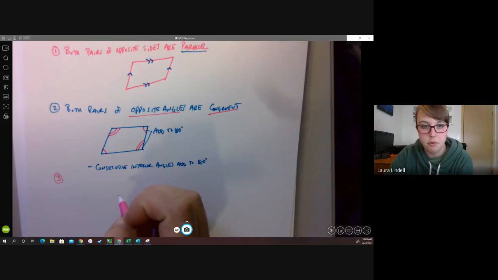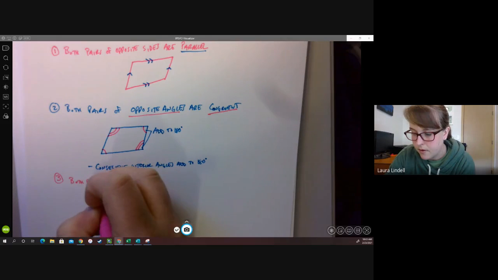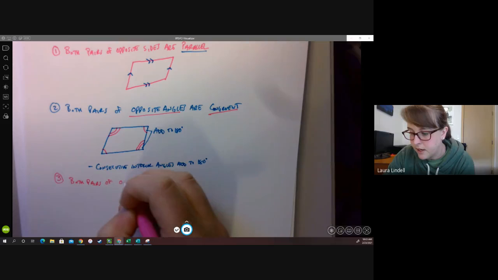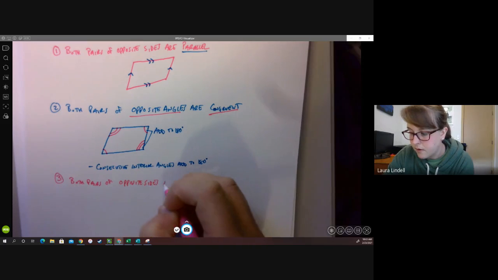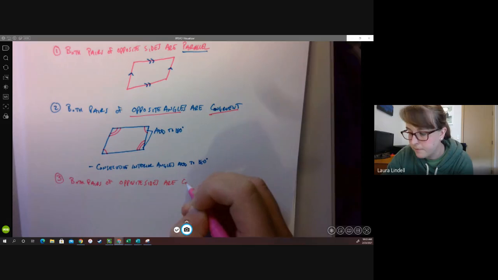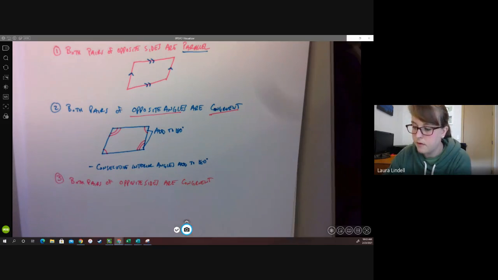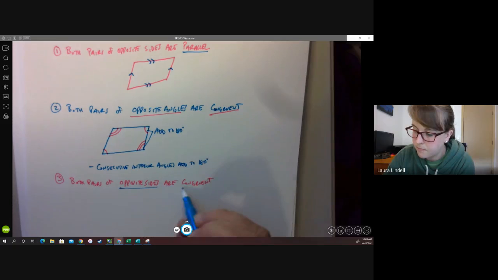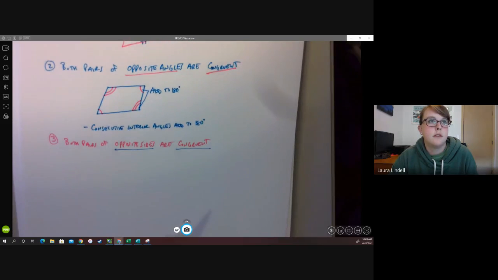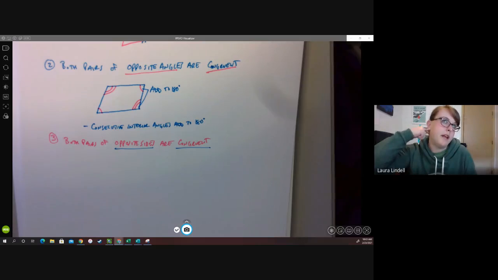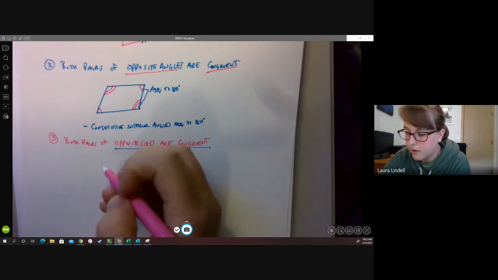And it is both pairs of opposite sides are congruent. So we have both pairs of opposite angles congruent and both pairs of opposite sides congruent as well.